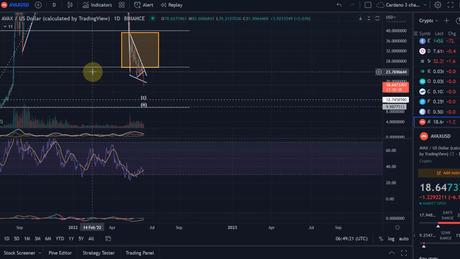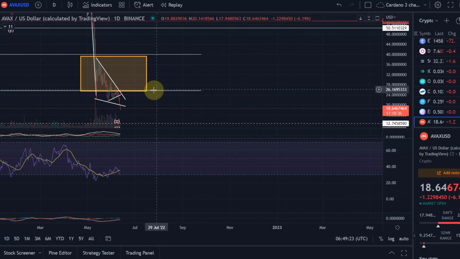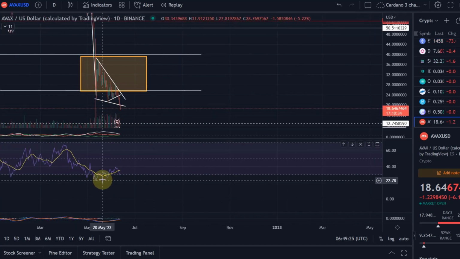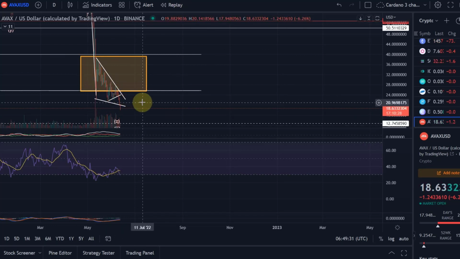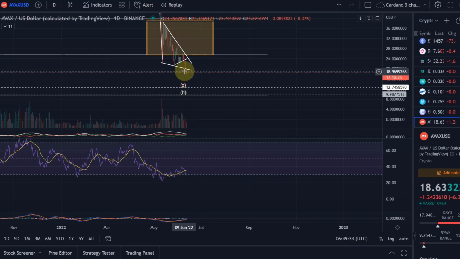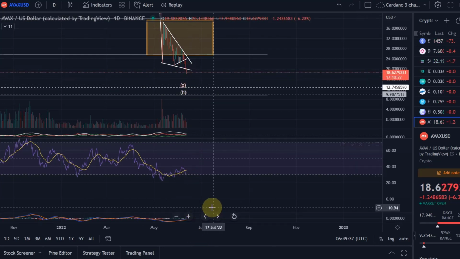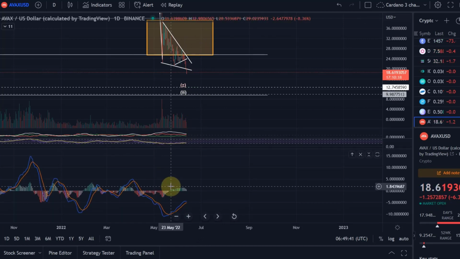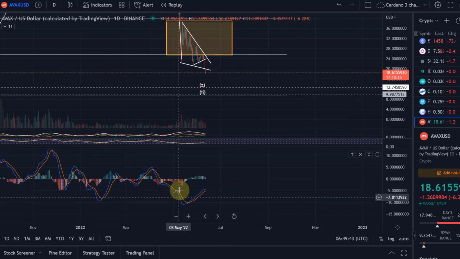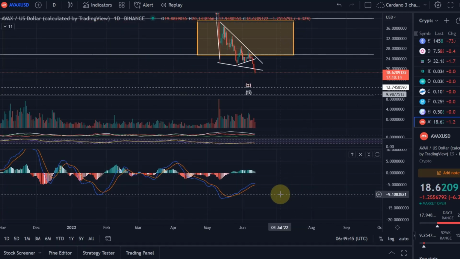It is no confirmation that the price is going up. It just means we're making lower lows on the price chart, higher lows on the RSI, but it doesn't mean the price has to go up. It's just a heads up that the downtrend is slowing down. But as soon as you now start to move down even lower, that divergence is probably going away as well. And the MACD is also here pointing on the daily now to the downside. It's losing bullish momentum, so we need to be aware of that as well.